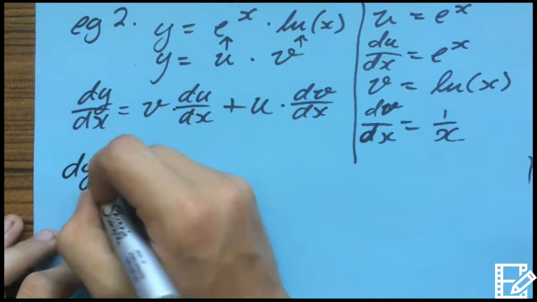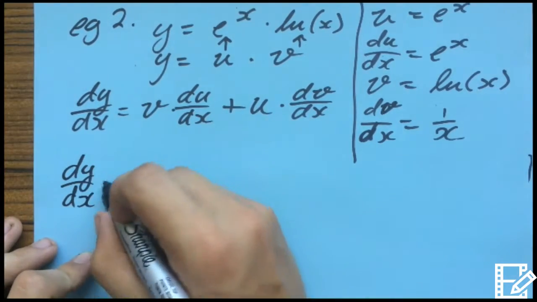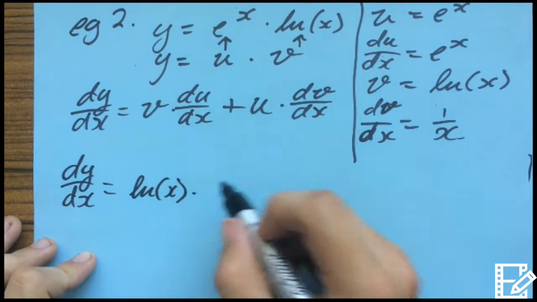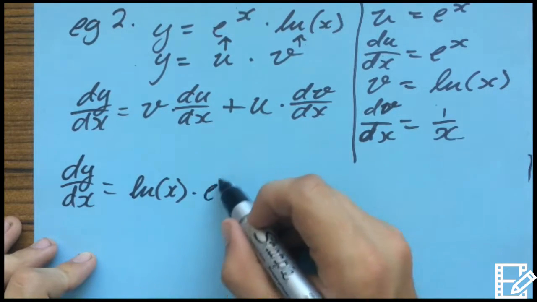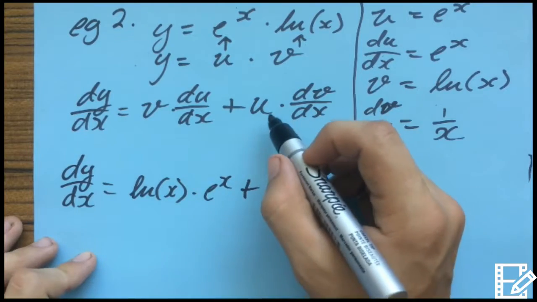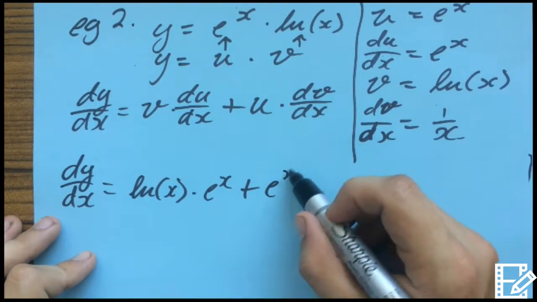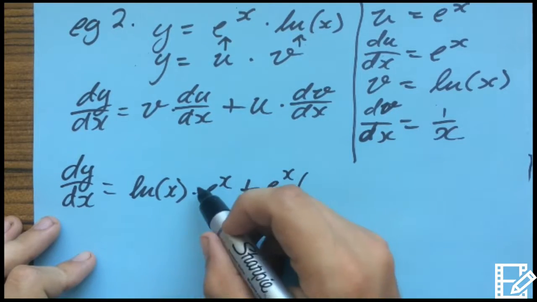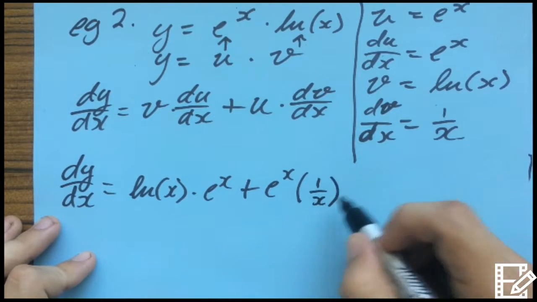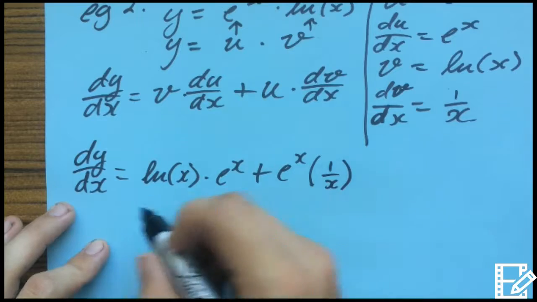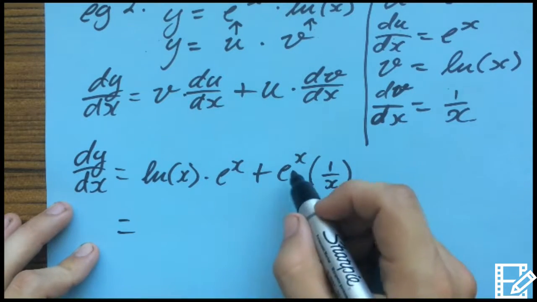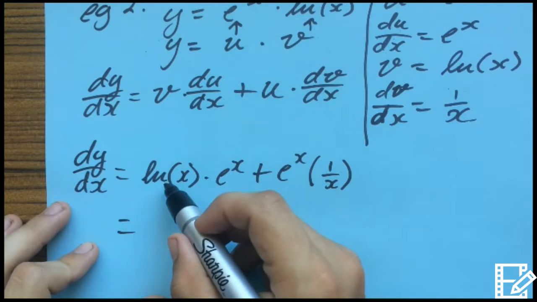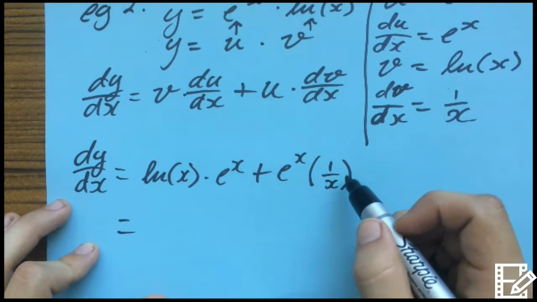So, if we fill this in, v, ln x, multiplied by the derivative of u, e^x, plus u, which is e^x, multiplied by the derivative of v, which is 1 over x. So we can factor these out because e^x is multiplied by both ln x and 1 over x.